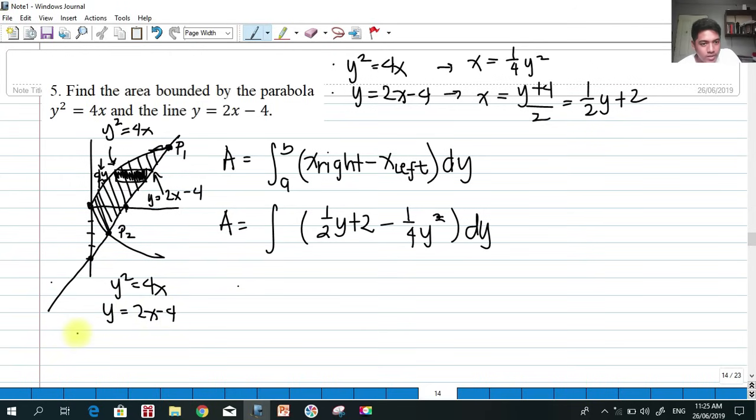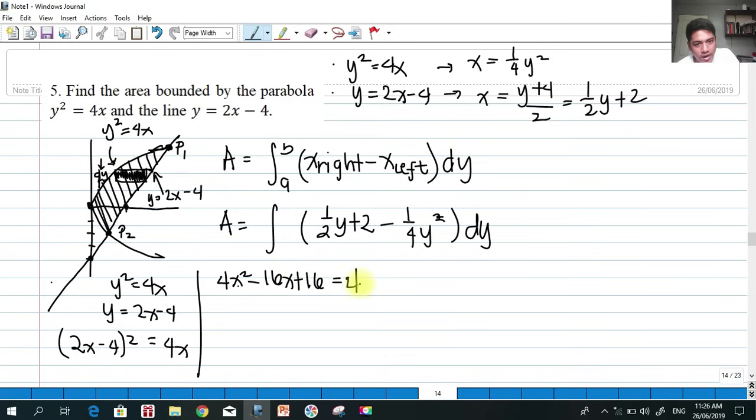By simply substituting, (2x minus 4) squared equals 4x. If we solve that, we have 4x squared minus 16x plus 16 equals 4x. Transposing 4x to the other side, we have 4x squared minus 20x plus 16 equals 0.